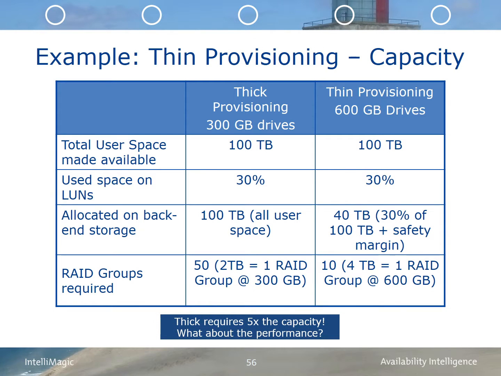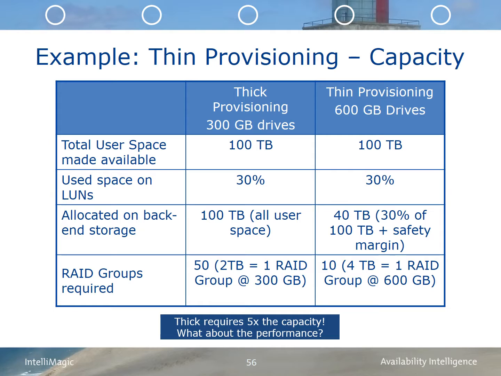Let's compare the way thick provisioning and thin provisioning work in terms of capacity. We'll use an example where we have 100 terabytes on 300 gig drives for the thick provisioning and 100 terabytes on the thin provisioning across 600 gig drives. The used space on both is 30%. The allocated space on the back end for the thick is 100 terabytes, and for the thin it's about 40%, say 30% plus some margin of safety.